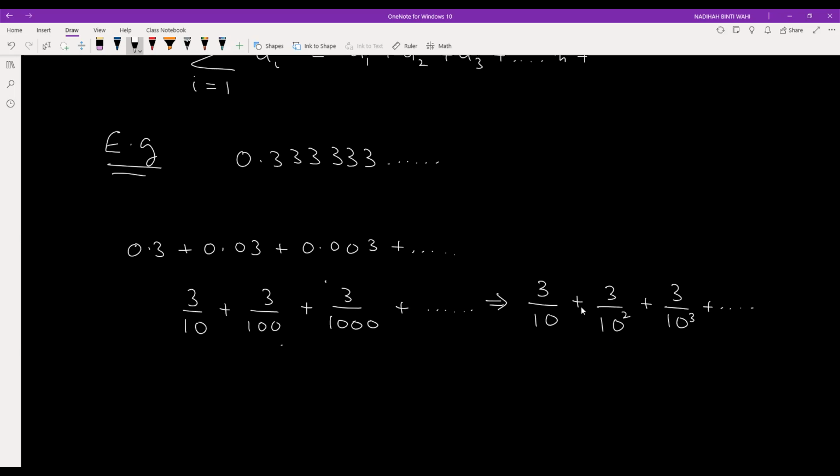Okay, you can see the pattern. If you want to see the pattern, you need to see the formula for this. So what's the formula for this one?